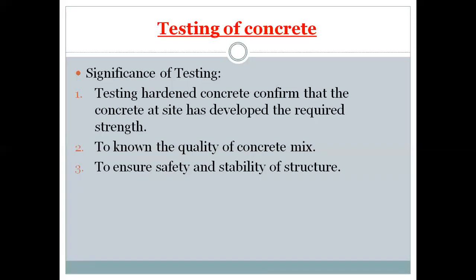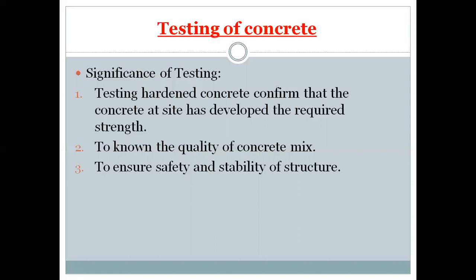We design the concrete before casting, but after casting there may be certain changes in quality or the strength of the concrete, because during the mixing, placing or compaction there may be certain changes of a method of concreting. So due to this there may be an effect or change in qualities of the concrete.